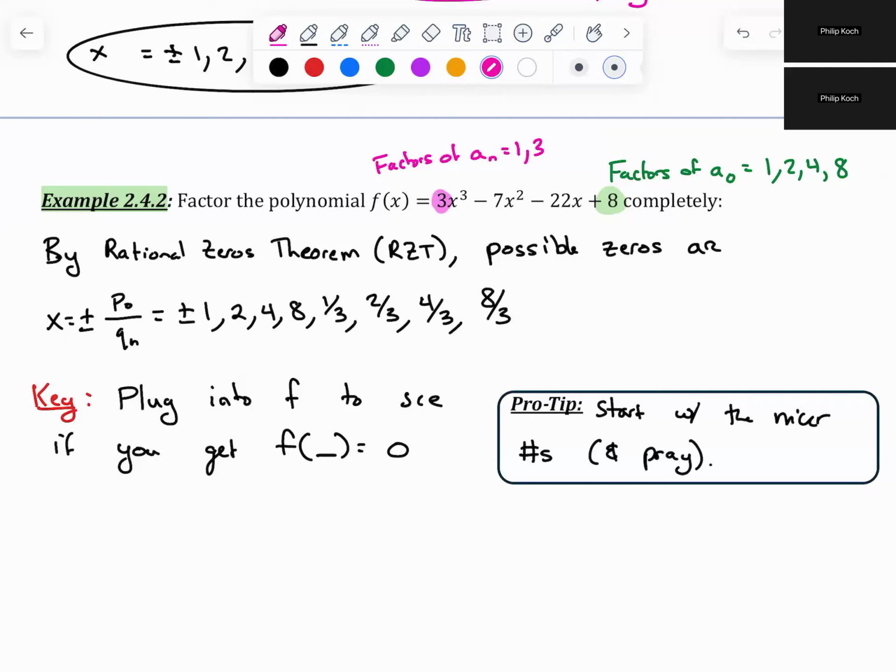It would tell us that x minus 1 is a factor. If f of negative 5 equals 0, then x minus negative 5, so x plus 5, is a factor. If f of 10 equals 0, then x minus 10 is a factor. And we can use synthetic division to factor it out and work through it.